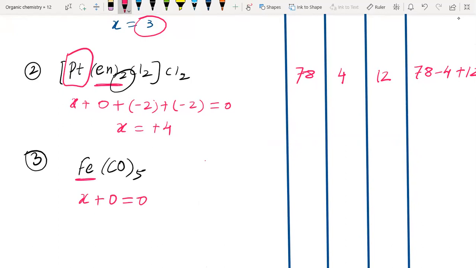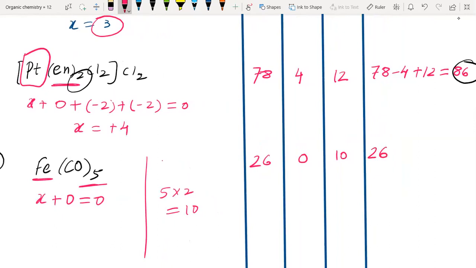But what is the atomic number of Fe? That is 26. Oxidation number is 0. And how many electrons are accepted? As we see here, 5 carbonyl, carbon is a monodentate ligand. So 5 into 2, 10 electrons. So we'll write 10 here.